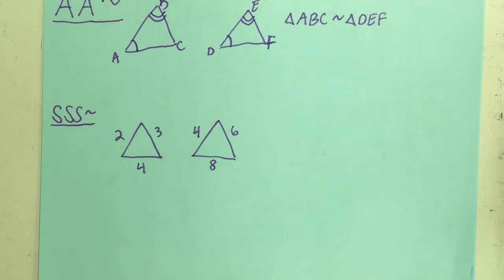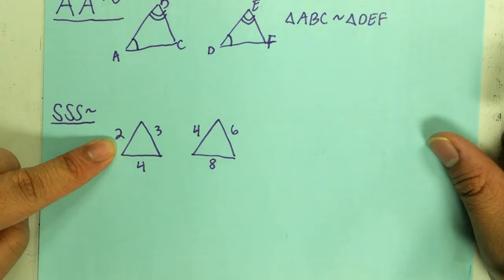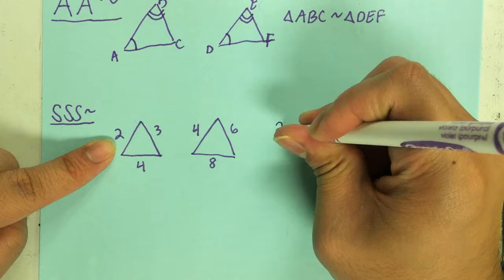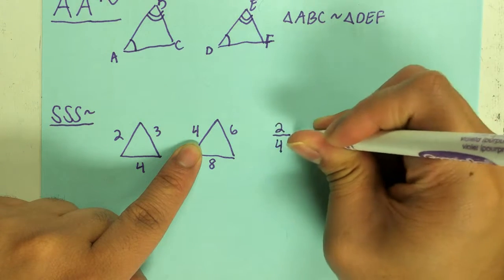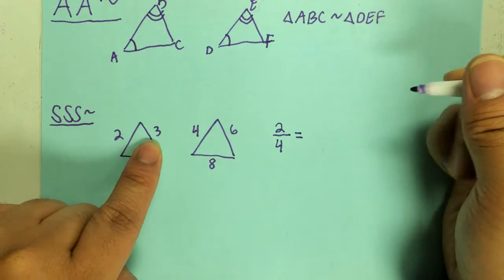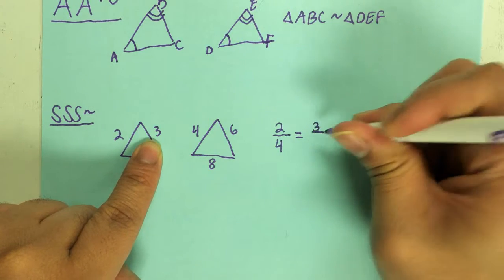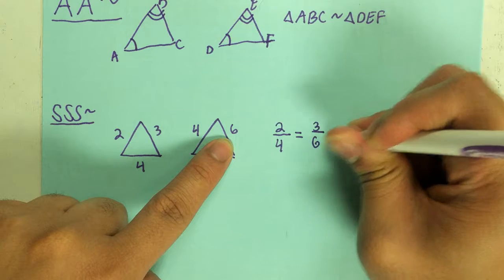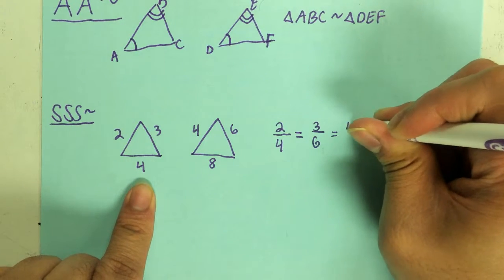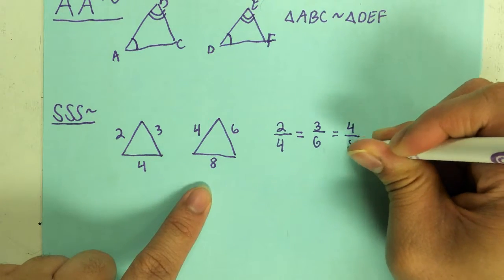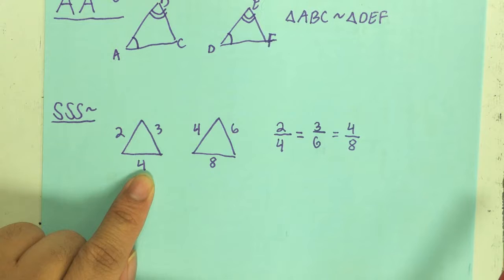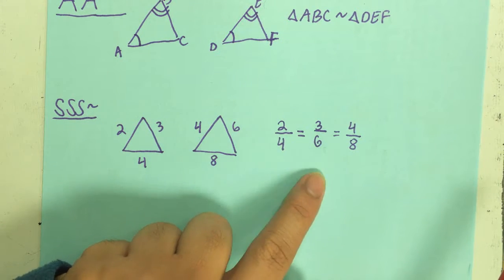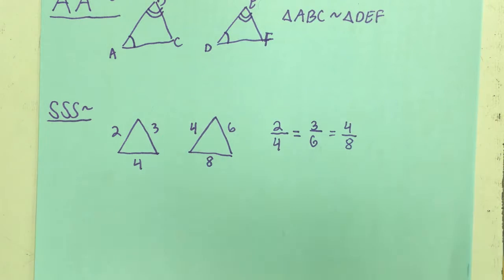The simplest way to do that is first you pick the shortest side of one triangle, and it goes with the shortest side of the other triangle. Set it equal to the middle side of one triangle over the middle side of the other triangle, and then the longest side of one triangle to the longest side of the other triangle. For these two triangles to be similar, the simplified form of these fractions should all be the same.